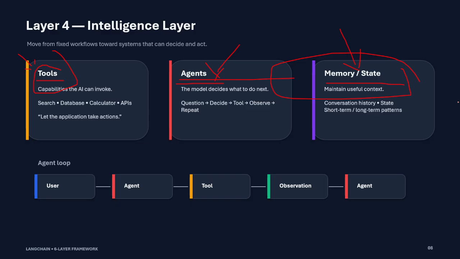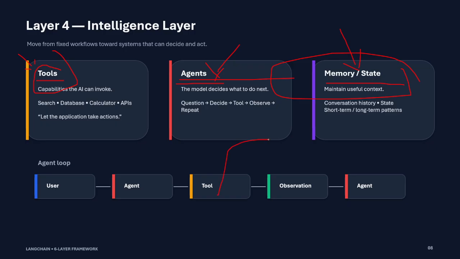It tells you that at this point, in this state, you need to move further. And this is the loop: the user gives a prompt to the agent, which is basically the brain of the system, and the brain instructs the tool, which is basically the hand of the system.